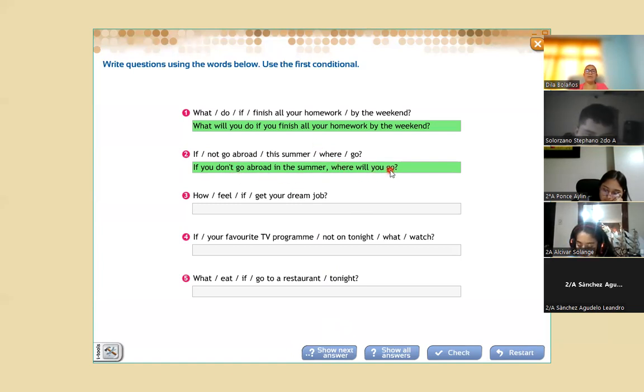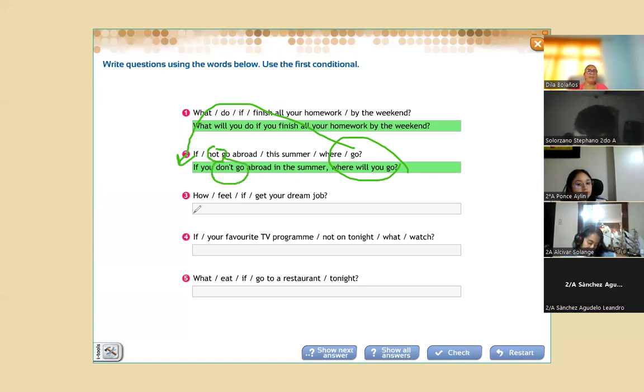Here it's switched, it's okay, but obviously you can use both forms. Where will you go could be here at the beginning and it's not a problem. Remember that you say not go. You are going to use the expression in the negative form, okay? Thank you, Stefano. Now we continue with the next one, please.